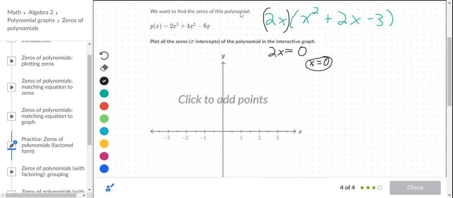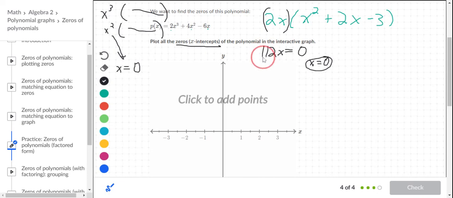If there's ever a term out in front, like x to the third and then a group of parentheses, or x squared and then a group of parentheses, whatever is in there, both of these situations imply that one of the zeros, or x-intercepts, is 0. So if this term is ever just some kind of x, a 2x, or a 12x, or 112x, or 5,112x, it still tells us the only way to make that equal 0 is if x equals 0.